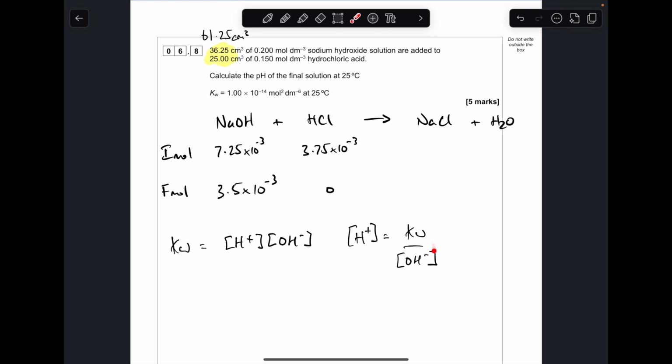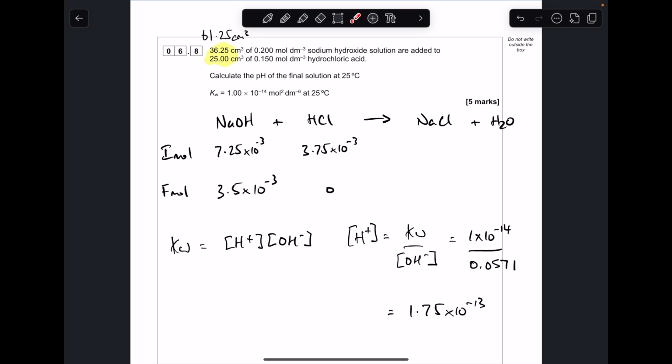So we just need to sub in some values and get the H+ concentration, but just be careful. These are moles. We need to turn them into concentration, which is why I have highlighted the combined volume of the solution is 61.25 centimeters cubed. So we need to divide the moles by the volume in decimeters cubed to turn it into that concentration.